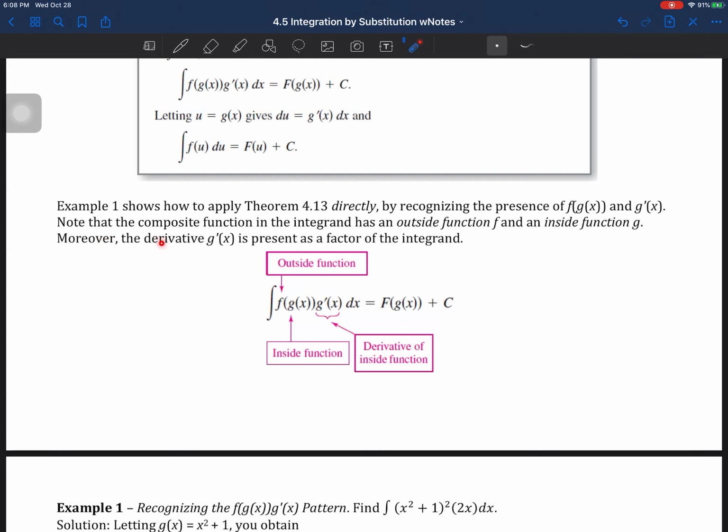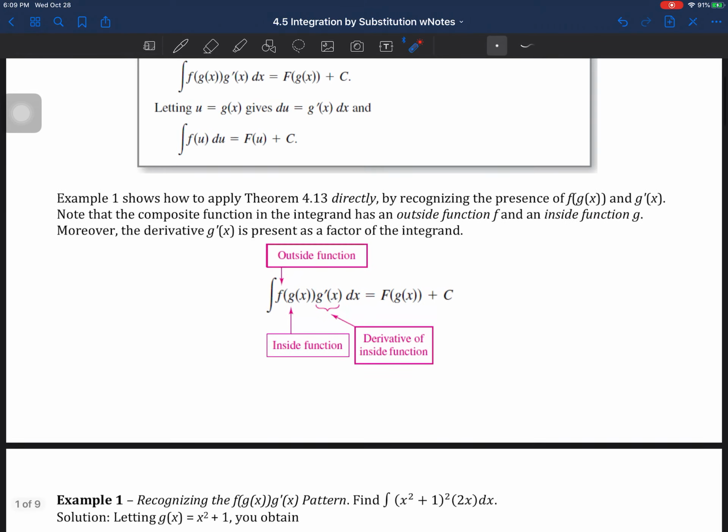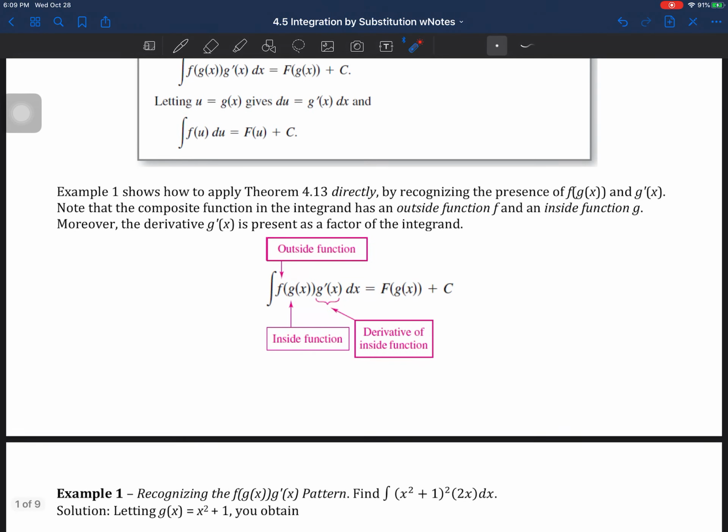Note that the composite function is the integrand that has an outside function f and an inside function g. Moreover, the derivative g prime of x is present as a factor in the integrand. So here is our integrand, what's inside the integral. Here's the outside function, here's the inside function, and here's the derivative of the inside.